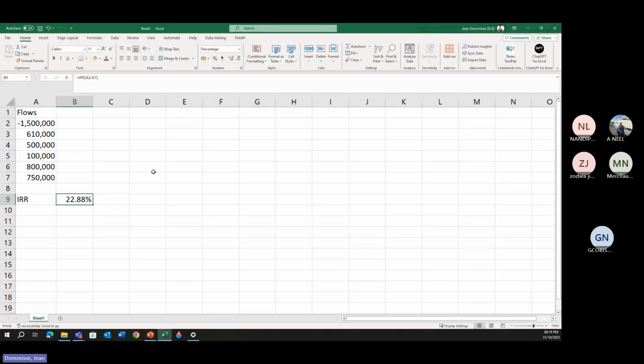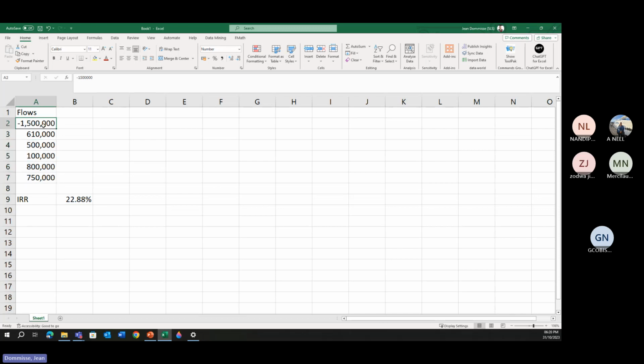On the HP, all that you will use is the CFj button and basically put in those amounts. In the Sharp, you will use your data. But exactly as you would have done in the Sharp or the HP, the first one needs to be negative, whereas the rest is positive.